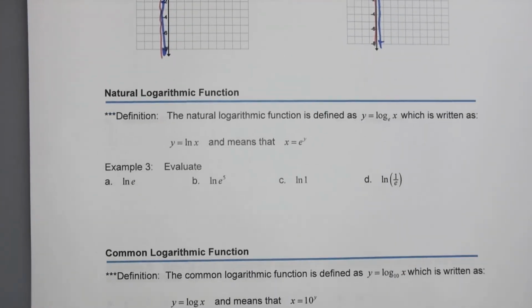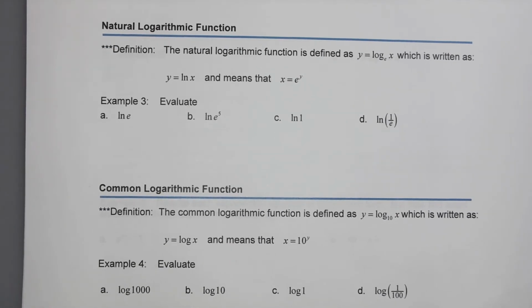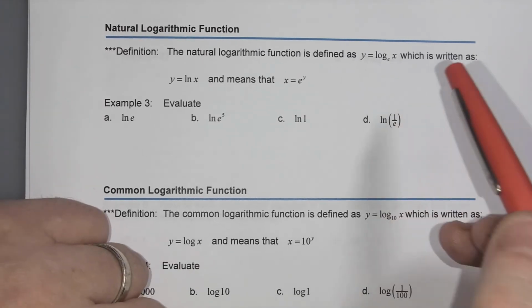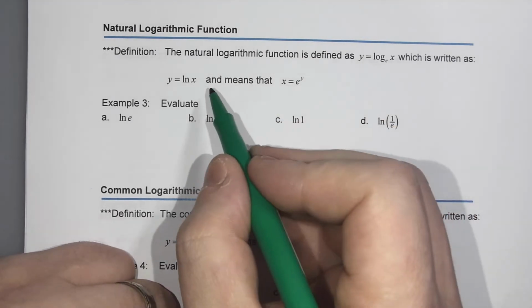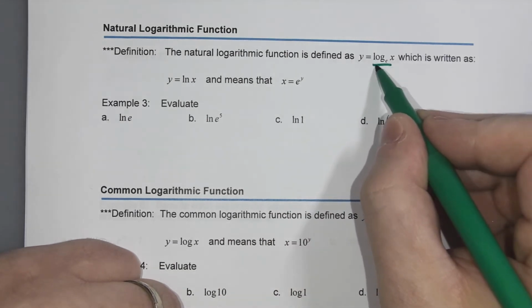Okay, now we get to formally define what I called ln in a previous lesson. When we have these logarithms, we can take a logarithm in whatever base we want. We have two very, very special bases. One of those is e.